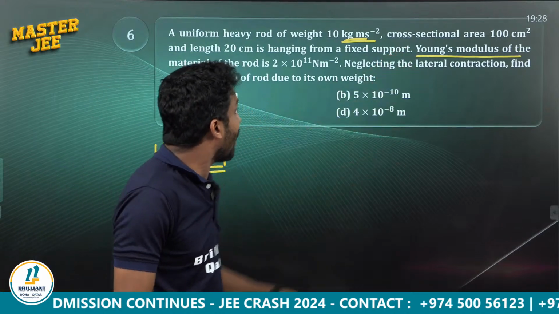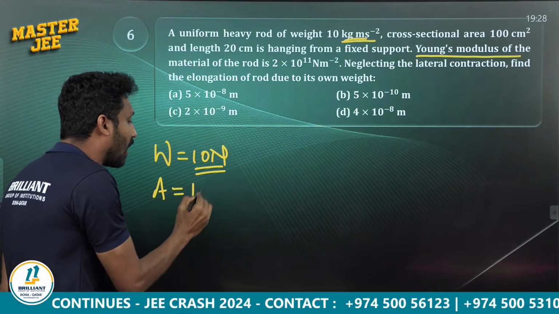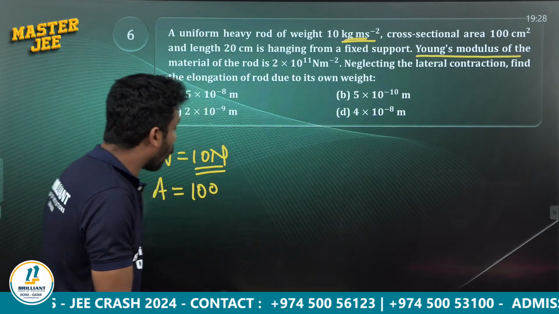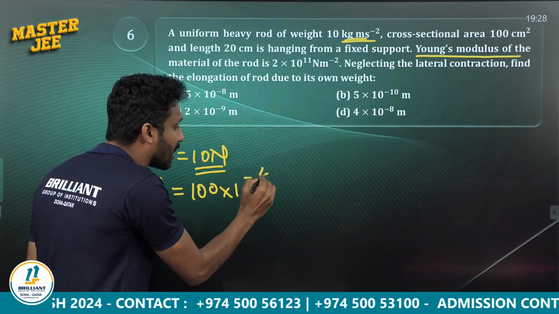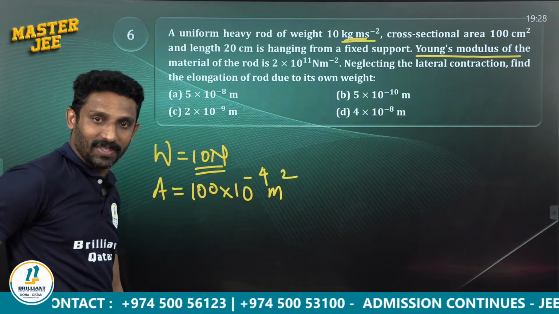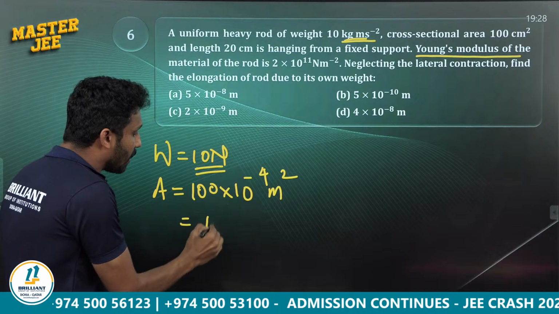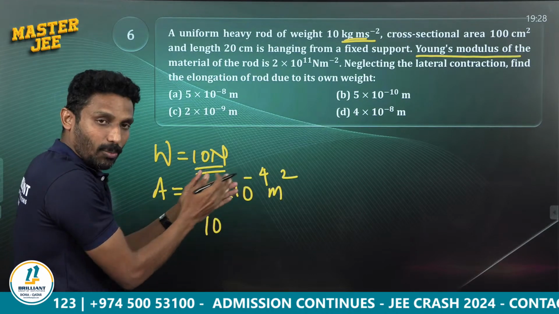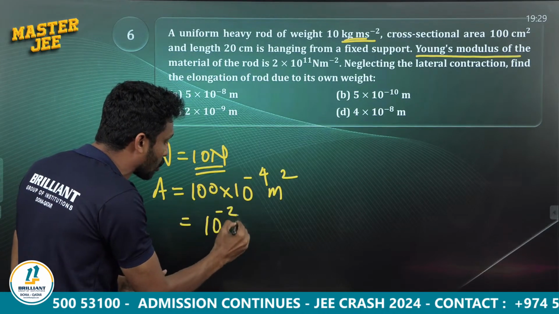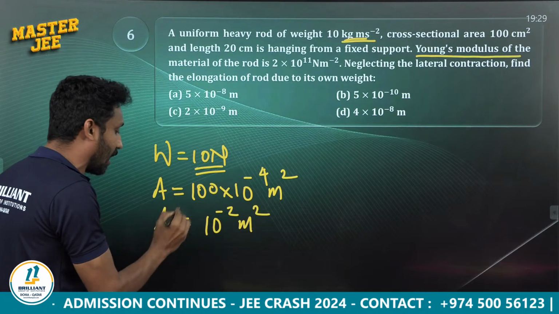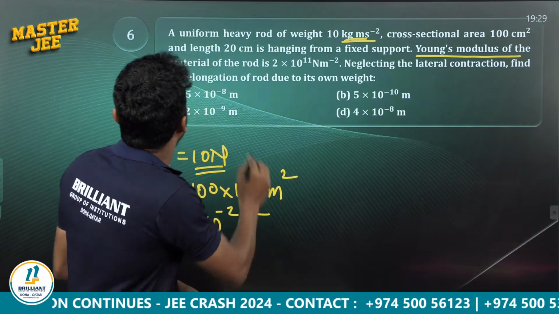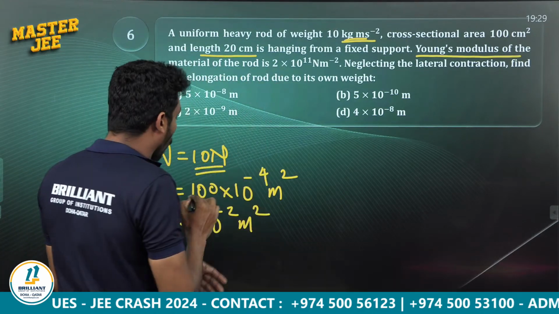Cross-sectional area A is equal to 100 centimeter square. What is centimeter square? It is 10 power minus 4 meter square. So this is 10 raised to 2, then 10 raised to minus 4, which is 10 raised to minus 2 meter square, the area. Now the length of this rod is 20 centimeter.